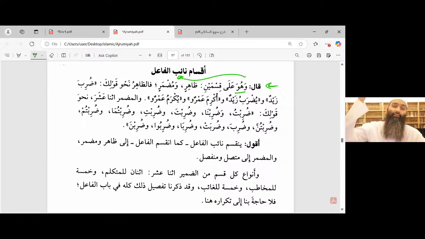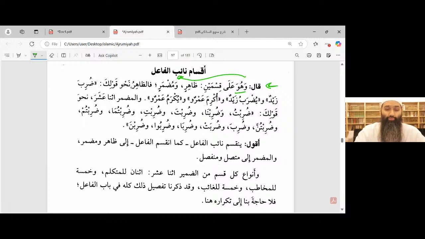Zahirin wa mudmarin, just like in the previous chapter we looked at the fa'il. What is zahir? What is mudmar? You know what that is, yes? Zahir is just a normal ism. Anything which is not dhamir is zahir, and mudmar is dhamir. So na'ib al-fa'il can either be zahir or mudmar.